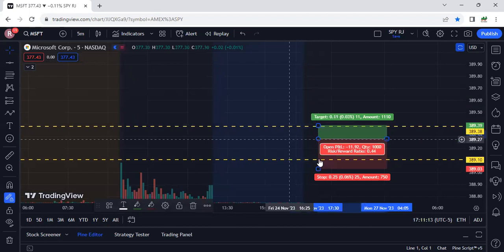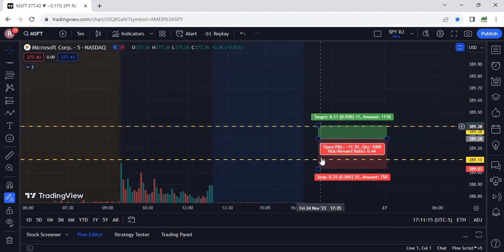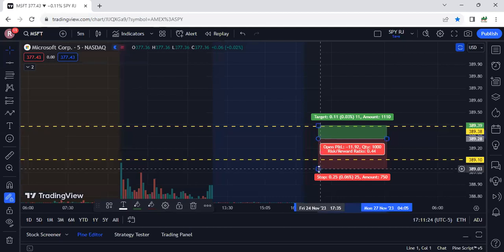Cool. It came up. It gave you a retest candle right here, and the candle closed all the way up here at 389.27. Now your risk reward ratio is a 0.44. Would you want to take that trade? Could it keep going past that high of day? Yes. But it's a system, right? You're using the levels as the targets.